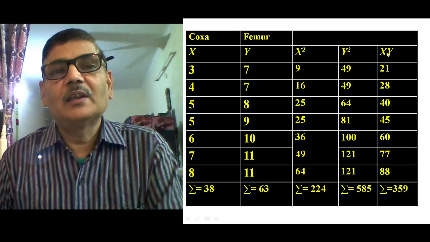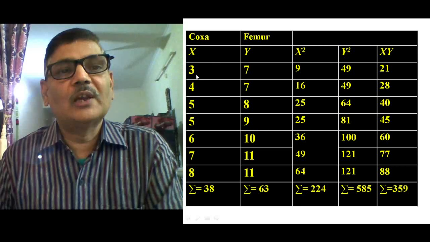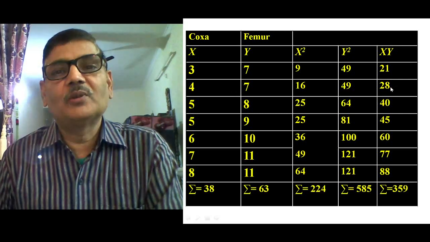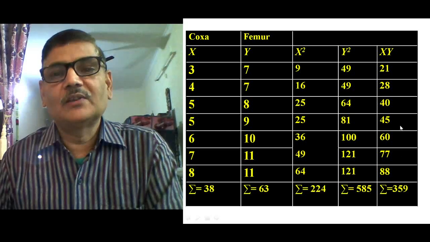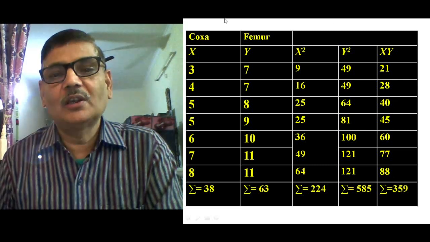And finally in the fifth column we find out xy, where the x and y values have been multiplied. So you get 21 by multiplying 7 and 3, by multiplying 7 and 4 it has come 28. All these cases are taken and the sum comes 359.